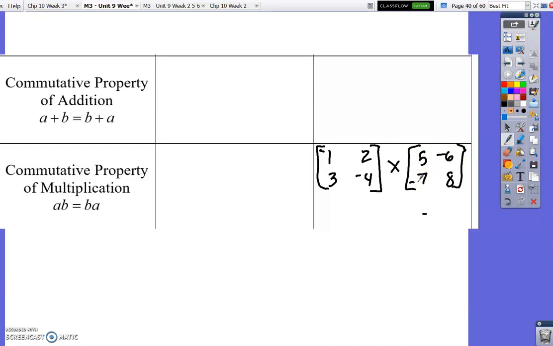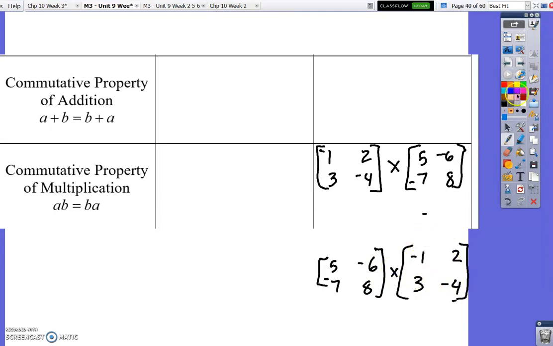And we will try to see if this is the same as this one. So I will do one and leave you to do the other. Negative 7, 8, and then negative 1, 2, 3, and negative 4. What we're trying to decide is if it's the same if I switch them.